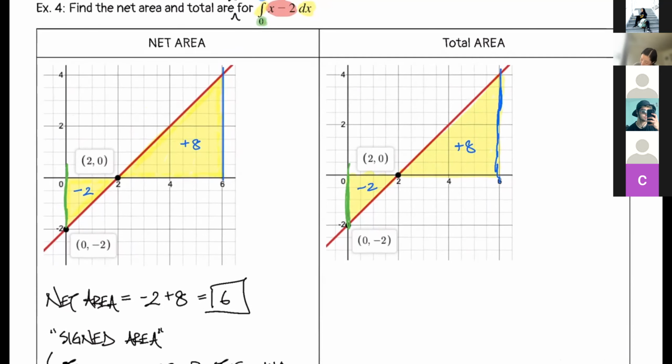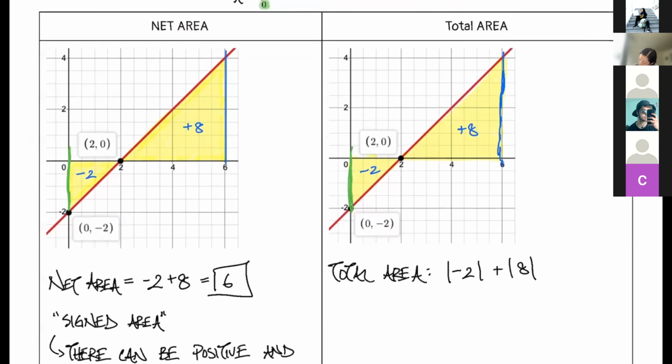However, when we add them together, we're going to take the absolute value of each piece and then add them together. So -2 absolute value plus 8 absolute value will give us 2 plus 8 or 10. Okay.